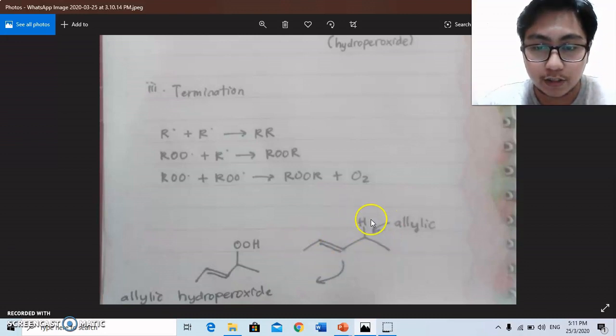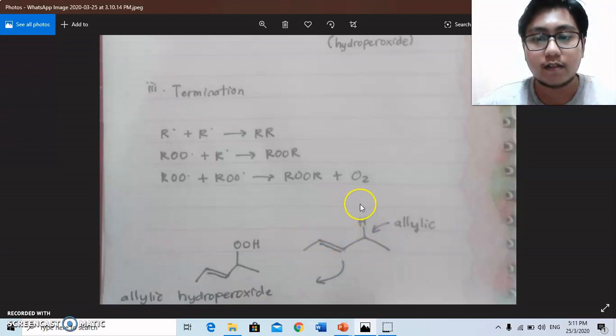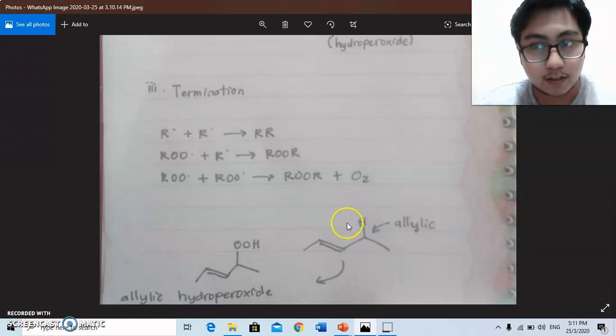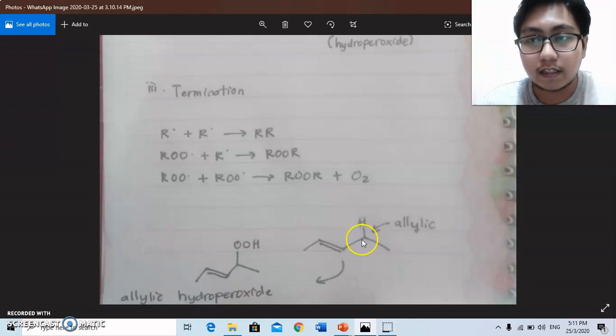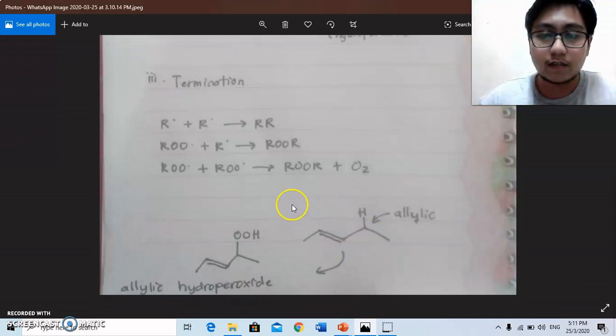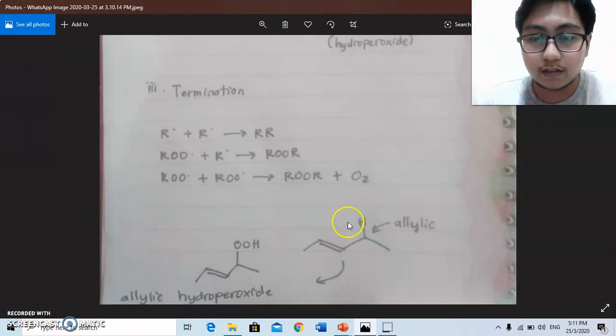So this H right here is very reactive. This is due to resonance. If you all remember resonance, this H is very reactive because if this C becomes a free radical, it is a stable free radical, because it is being stabilized by resonance. So yeah, this H here is very reactive.